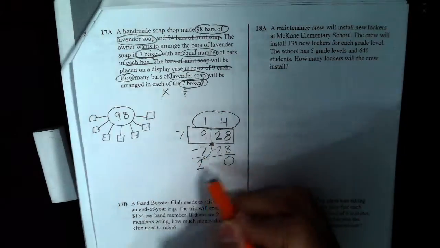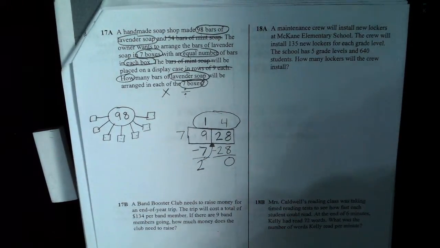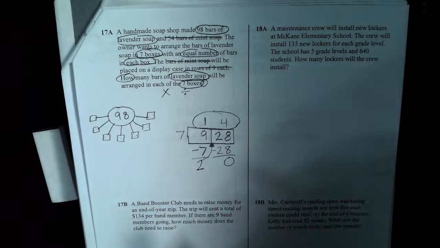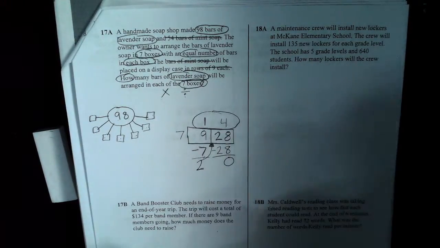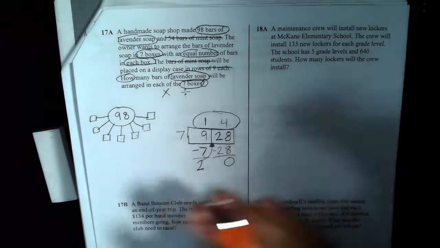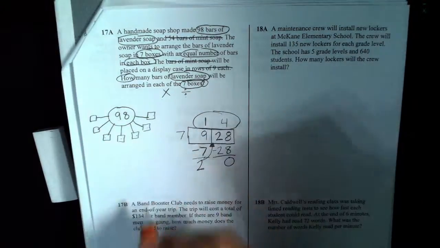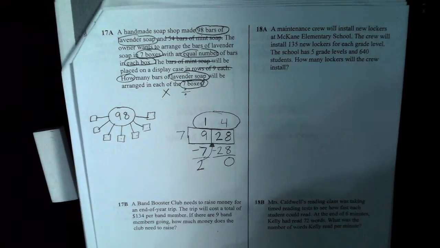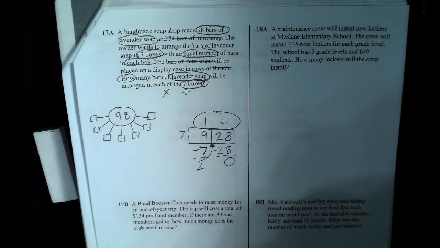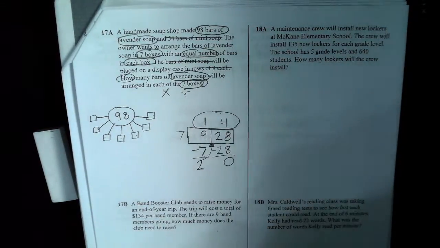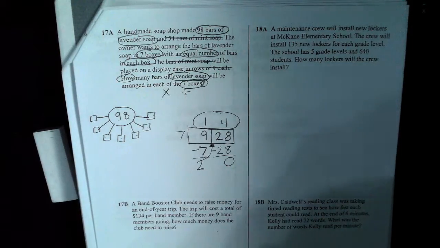And again, this way of doing the division is really useful, especially when our numbers get bigger. When we have something like 98, or even when we get into the hundreds or the thousands and using division, I don't want you to sit here and draw 1,000 little boxes or little dots or 1,000 squares. If we do it this way, it becomes a lot simpler for us to do division.